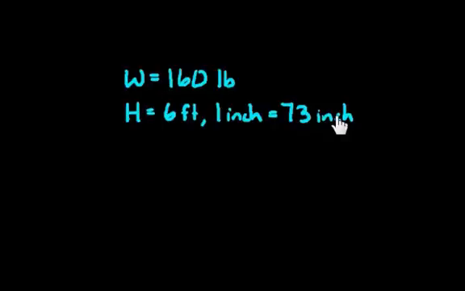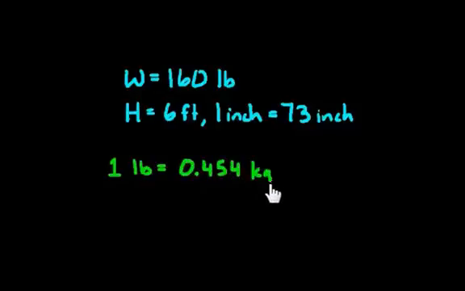So what do I do? Well, what I need to do first is convert over, right? So I can say, all right, well, 1 pound equals, and this is something you can just look up on the internet, 0.454 kilograms. So far, so good. And now 1 inch, which is pretty small, is going to be a small number relative to a meter, which is huge, right?